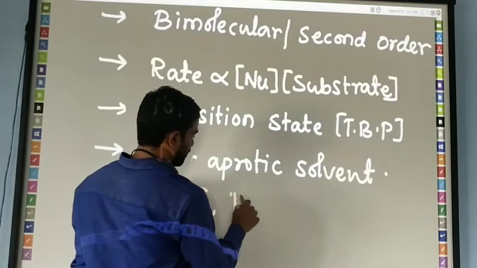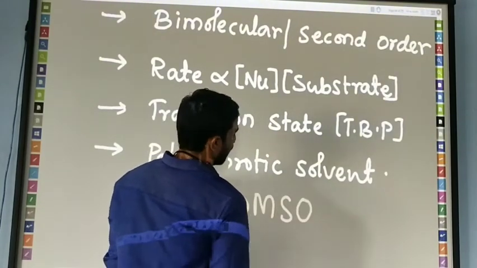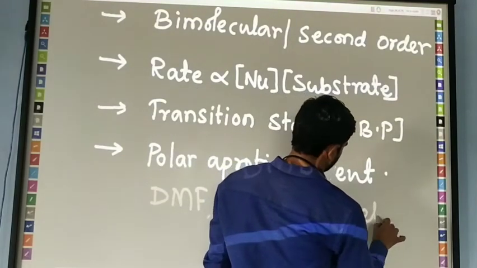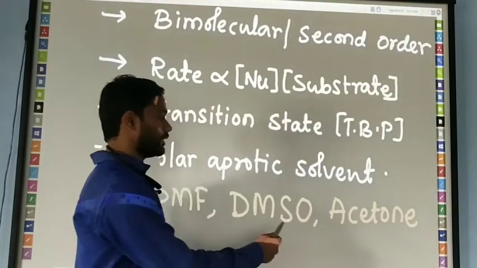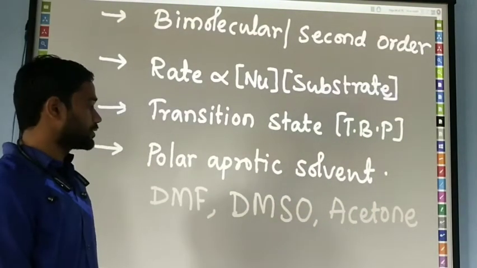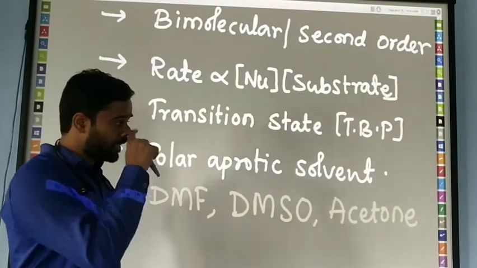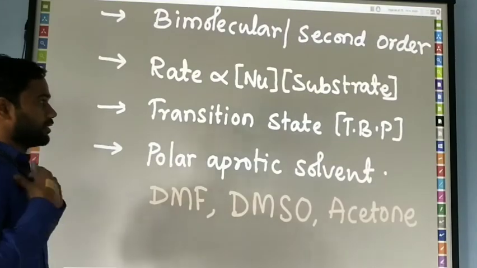Next, DMSO, and acetone. The common polar aprotic solvents, DMF, DMSO, and acetone, are used in the case of the SN2 mechanism.